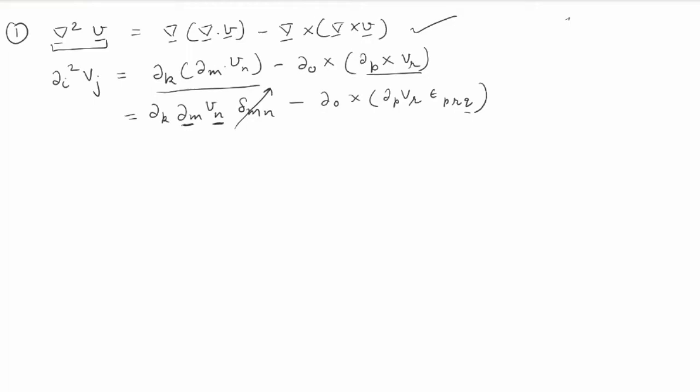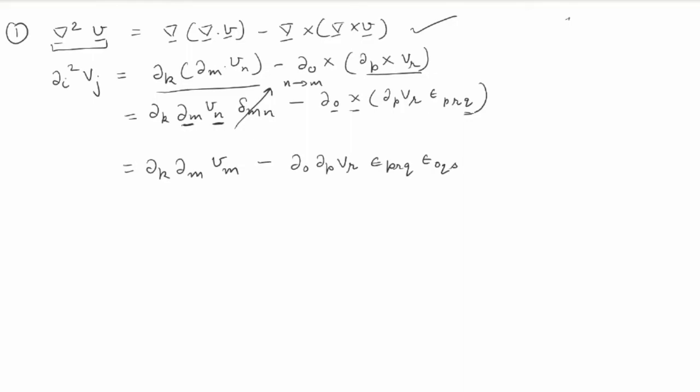Here I will replace n with m, so I will get ∂k ∂m vm, minus, I will now solve this cross product between o and q vector. So now I will get ∂o ∂p vr εprq and εoqs.